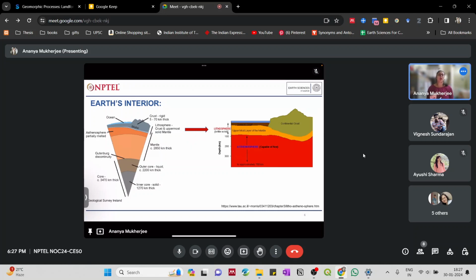How that matters: suppose we change anything in the earth's interior. We know that the mantle is not solid. It's mostly liquid, semi-liquid.